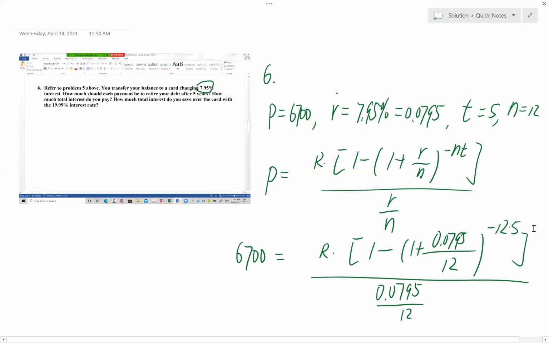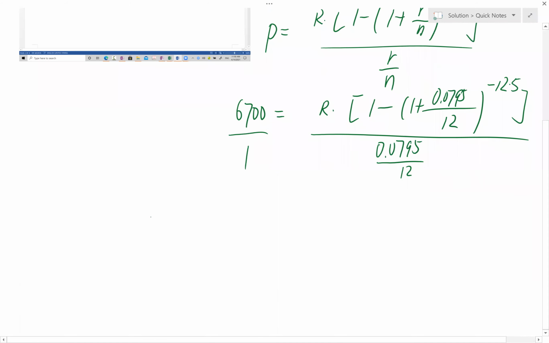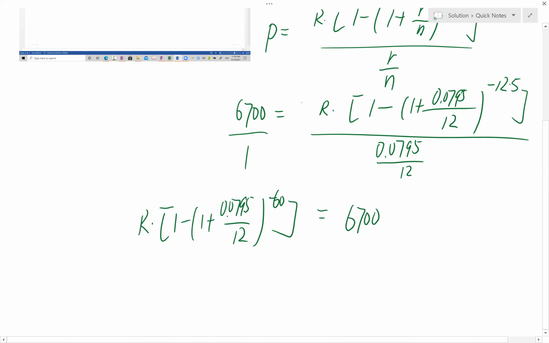Now from there, again, we set it up as a proportion, then we cross multiply and solve for the regular payment. So it's R times 1 minus 1 plus 0.0795 over 12 raised to the negative 60th power. On the right hand side will be 6,700, so we do cross multiplication, times 0.0795 over 12.